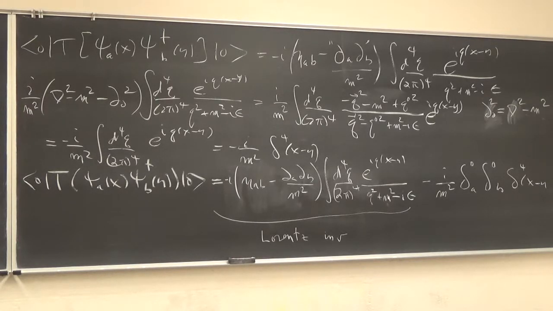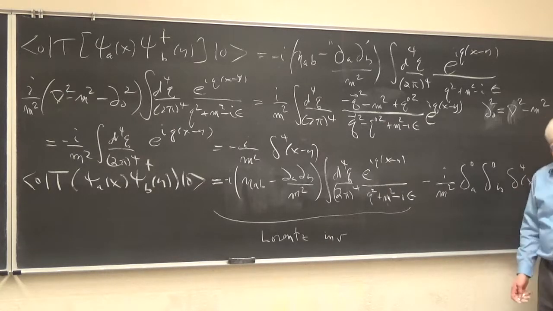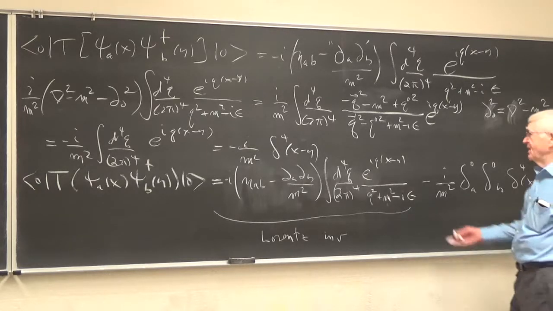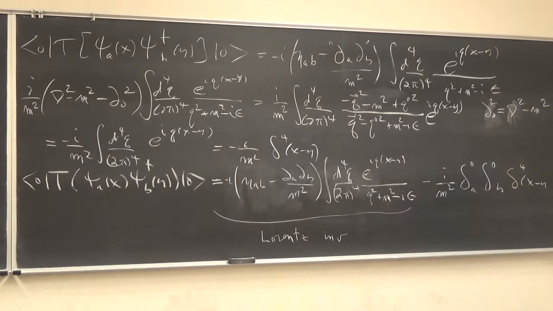Now, it turns out that the cure for this embarrassment occurs naturally, and we'll see how that comes about in Chapter 7, in particular for the case of quantum electrodynamics, where the vector field has mass 0, and it's the photon.